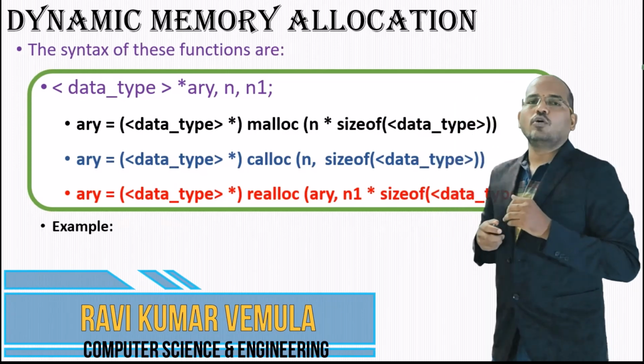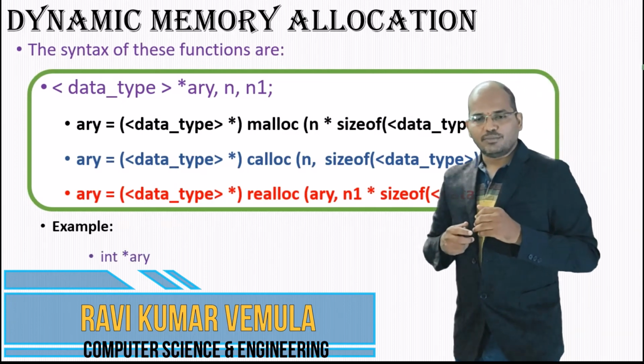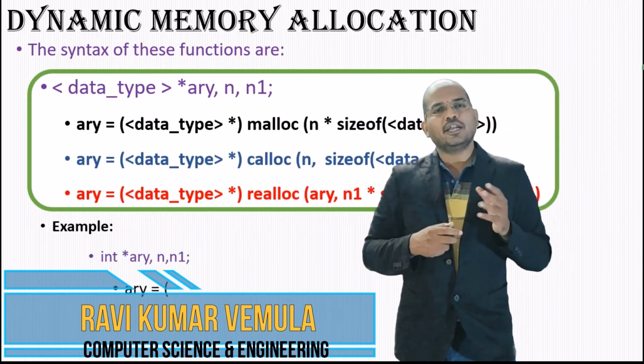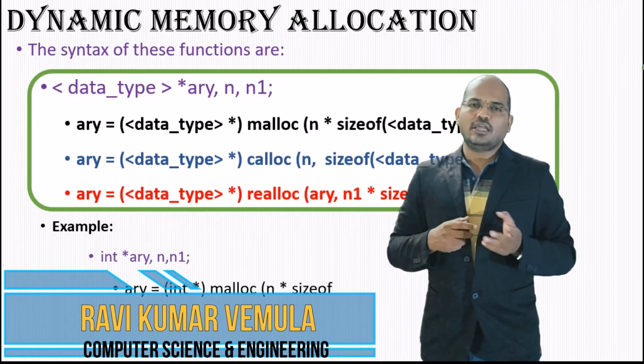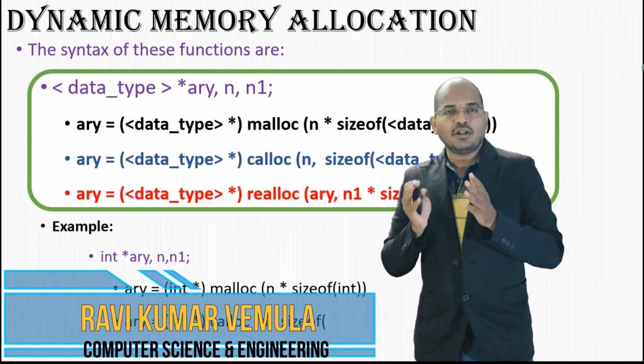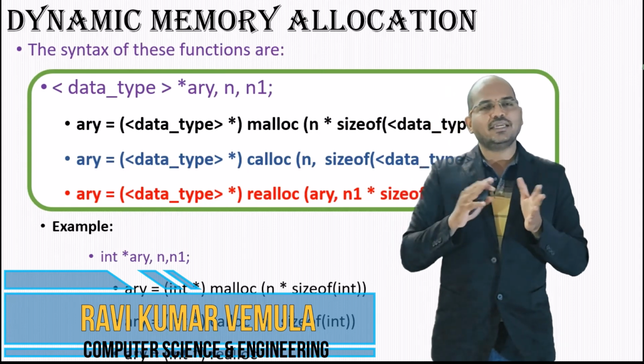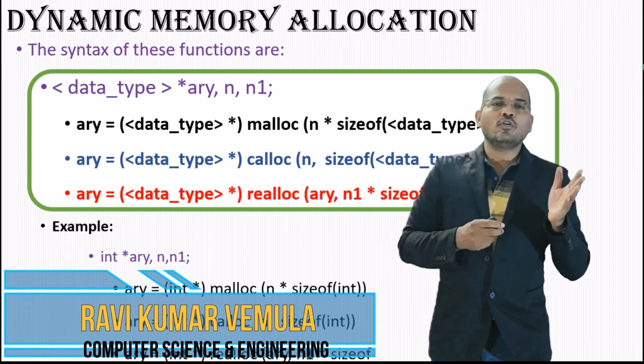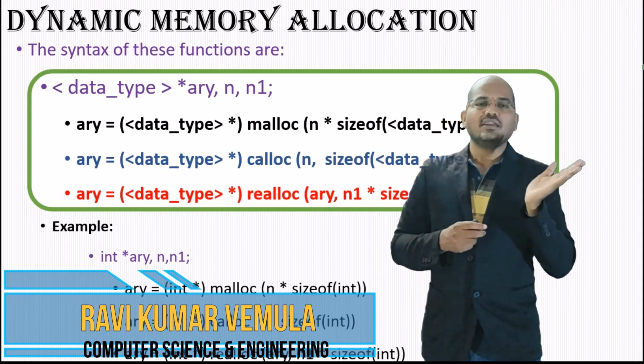Now going ahead, let us see a small example. In the example I took an int pointer array, n comma n1. Now I am saying array is equal to, as I am using my type as int, int star. If it is of type float, float star. If it is of type char, char star.